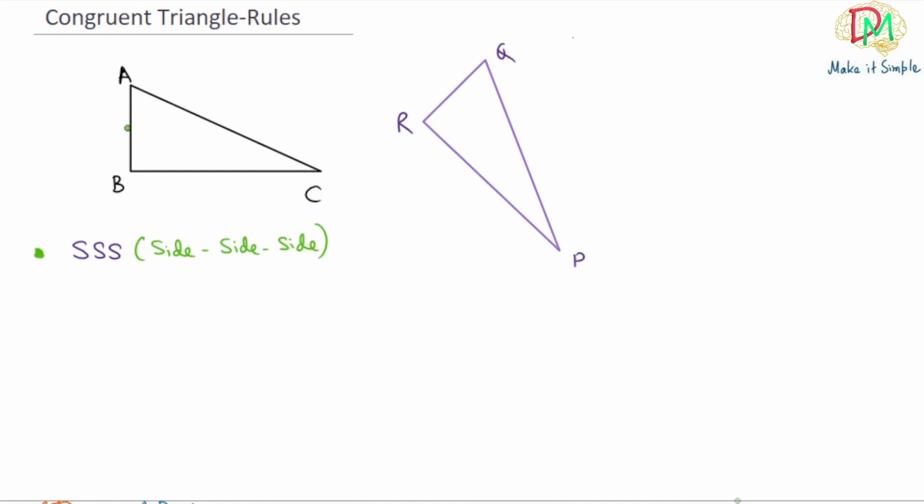So now look at this. Visually we can identify the shape and size, and if the measurements are given, meaning the lengths of AB, BC and CA, and QR, RP and PQ, all these sides will be given, and if they are identical, then we can write as follows.